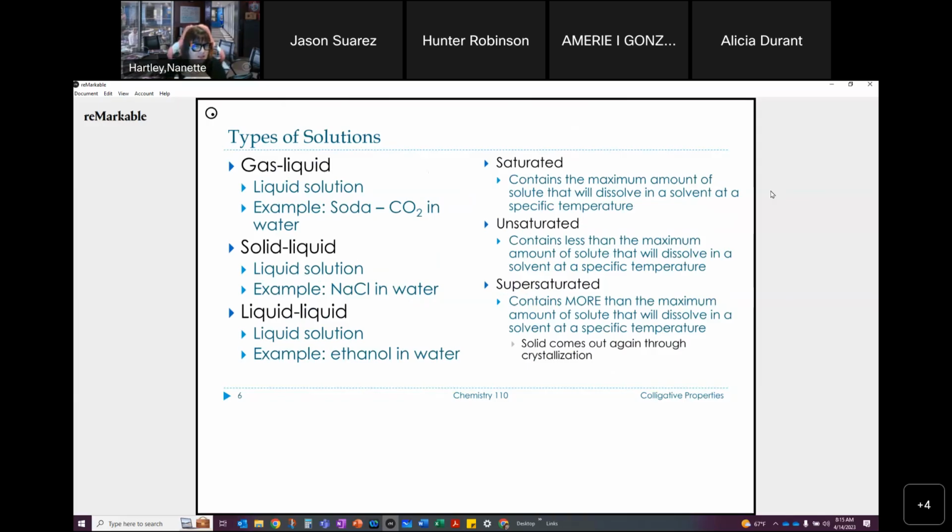Now, if it's unsaturated, if I add more material to it, that will still go into solution. So it contains less than the maximum amount of solute that will dissolve in a solvent at a specific temperature, because it's temperature dependent. We also have a situation called supersaturated. One of the ways that we do this is if we take some sugar, we put that into water, we raise the temperature, and then we just let it cool.